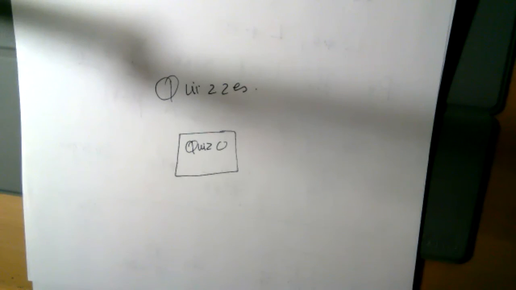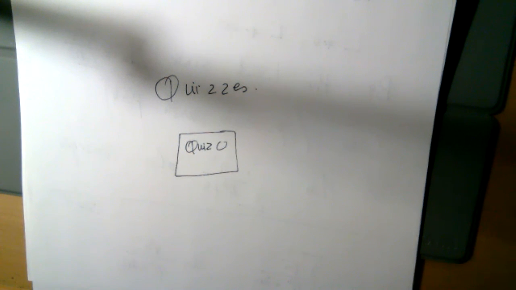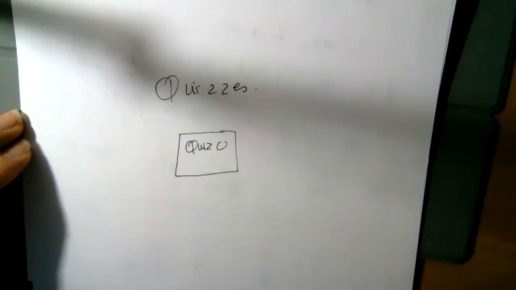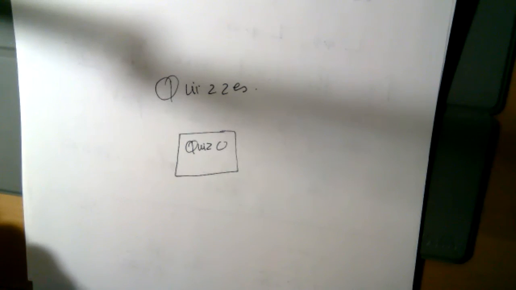So today we do the quiz 0 thing. Yes, it's just for you to learn how to upload. For those who know how to do it, I don't really care. It's just for those who haven't uploaded homework on Blackboard before, just to practice. I'm going to ask you to write your name, scan it or take a picture, and send it.